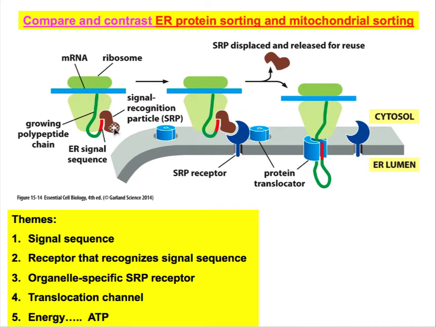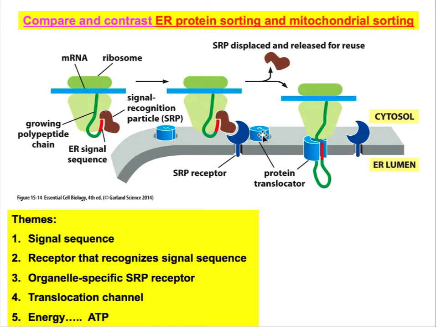The brown one is your signal recognition particle. So this is the first time that you're encountering that. Then there's going to be the SRP receptor, the dark blue one. Then there's going to be the protein translocator, the light blue one. And then finally, there's one more that you'll see on the next slide.